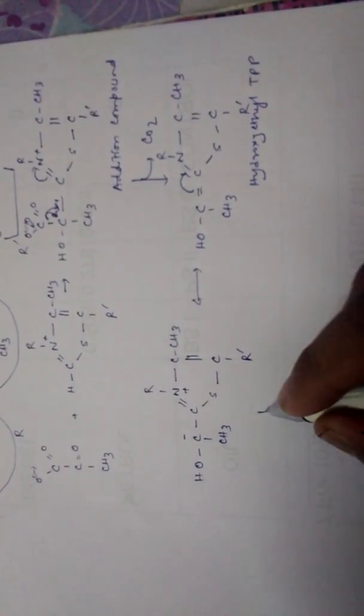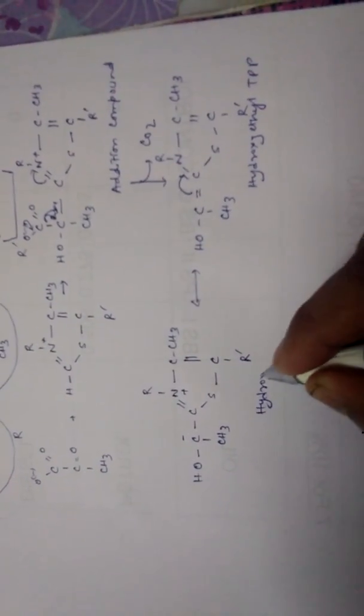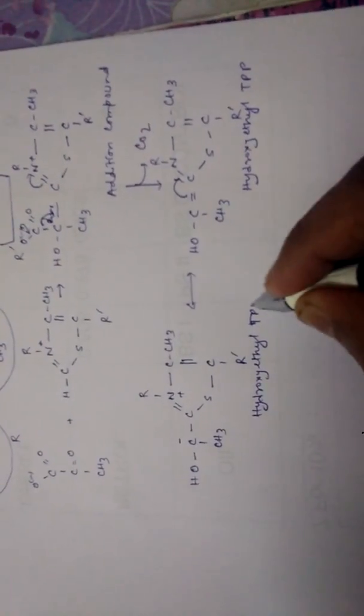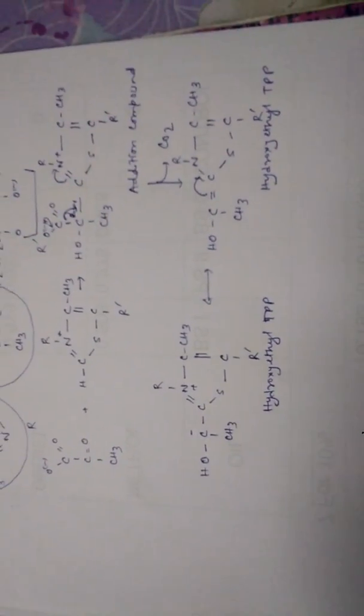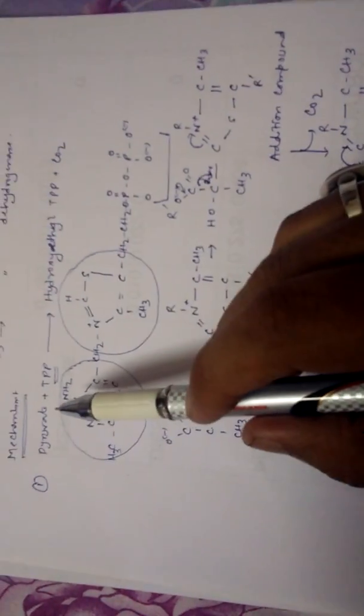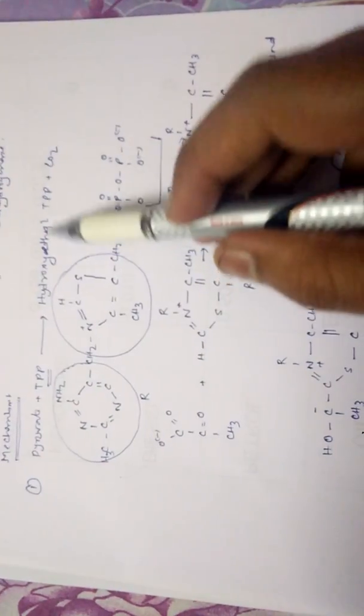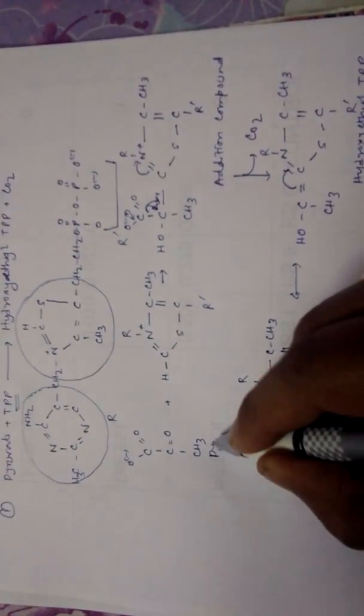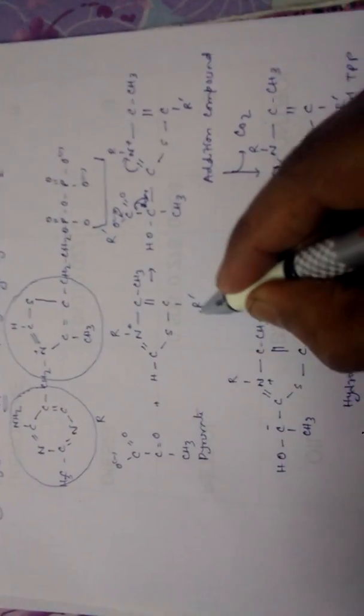This is also known as hydroxyethyl TPP. So the first reaction: pyruvate plus TPP gives hydroxyethyl TPP plus carbon dioxide. Here is the carbon dioxide and here is the hydroxyethyl TPP. This is the structure of pyruvate, and that one was TPP.